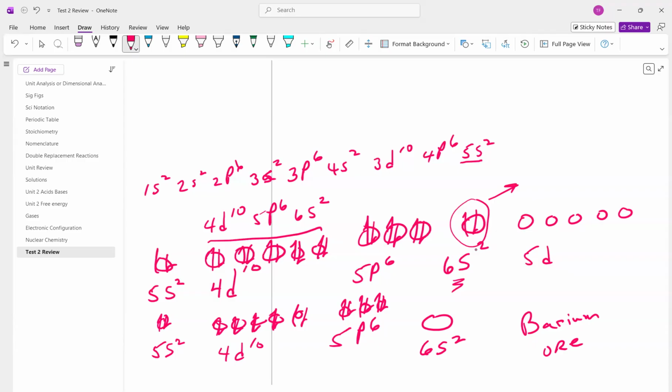Isn't it just based on which column it's in? Sure. So we can just reference that: plus 1, plus 2, plus 3, plus or minus 4.